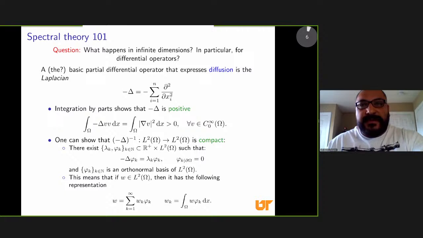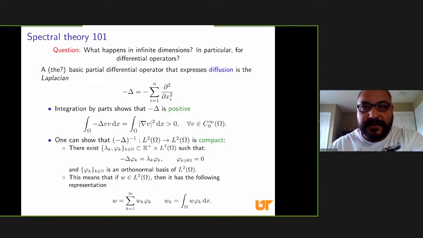Of course, this was linear algebra, finite dimensions, but it turns out that we can do something somewhat similar in the infinite dimensional case. For instance, for differential operators. And the operator that I'm going to be mostly concerned with is the fundamental operator that expresses diffusion, namely the Laplacian.